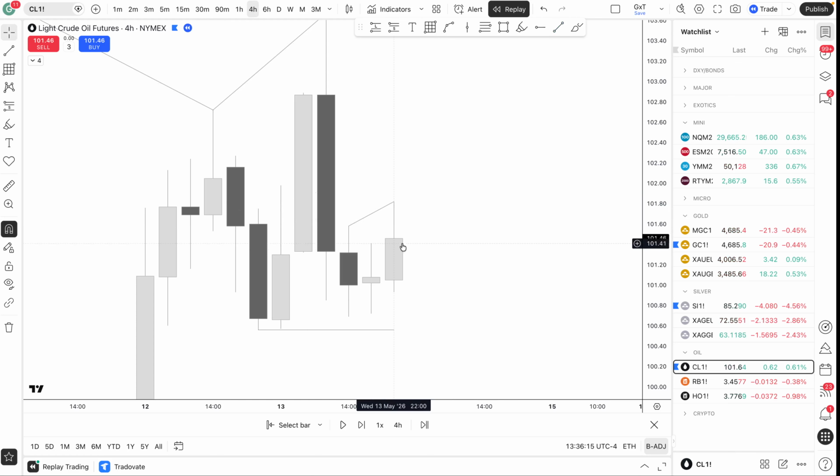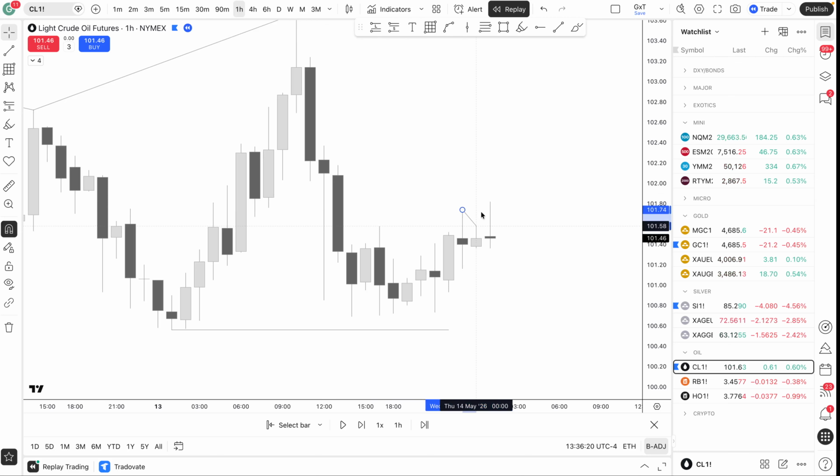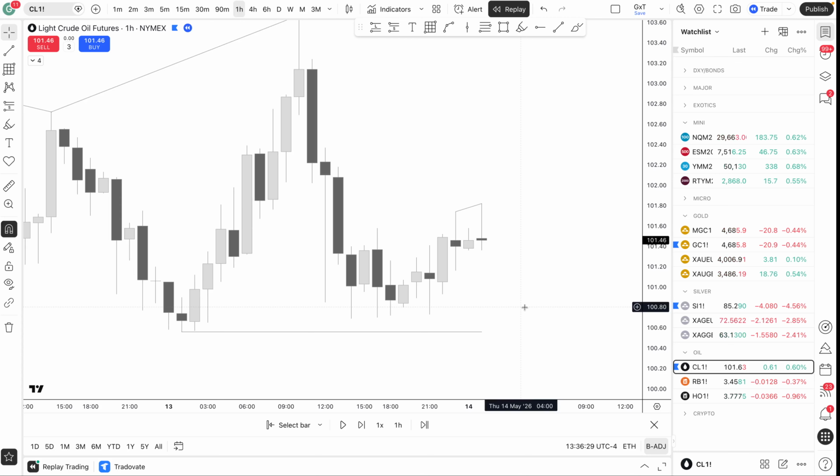Let's look. So the alignment for GXT is simply going to be, if you're trading a 4-hour, you're going to confirm the highs and lows of 4-hour candles with 30-minute and hourly swing points.